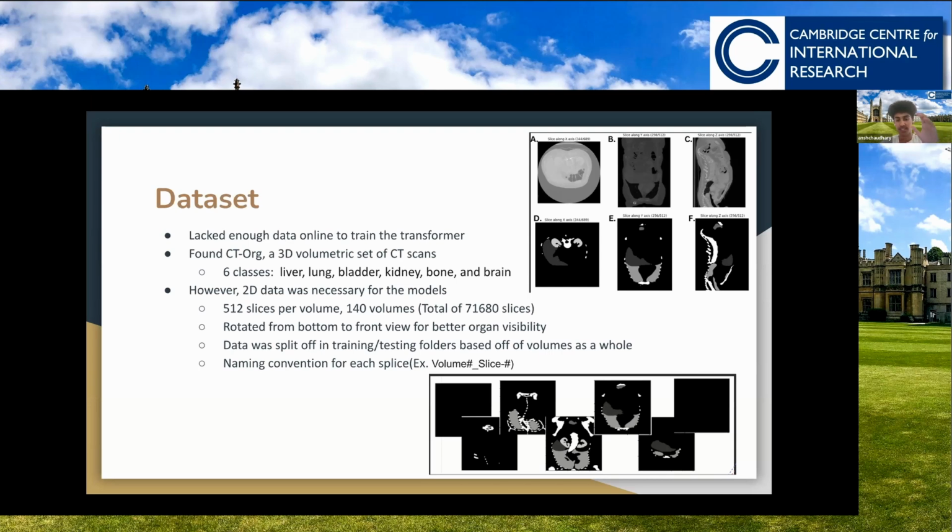So we didn't split the slices apart, with one slice going to one folder and another slice in another folder. We put the entire volume into one folder, and this would greatly increase the accuracy at the end. We also had a naming convention for each slice that made everything much easier on our end.